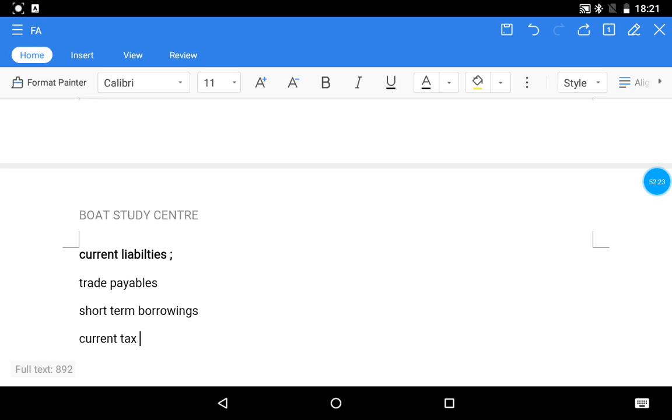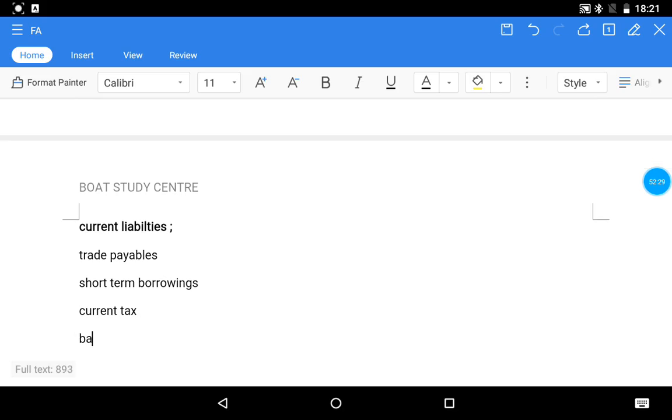Remember, this is a business account. When you reach there and you withdraw excess, it will be recorded as bank overdraft. So those are current liabilities, the liabilities that you clear before a year ends.